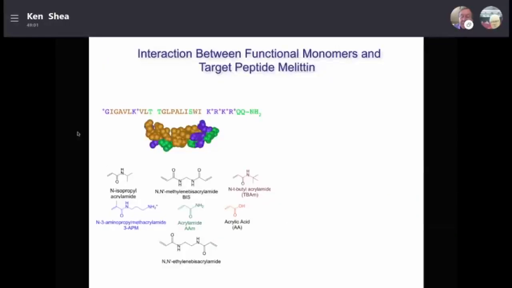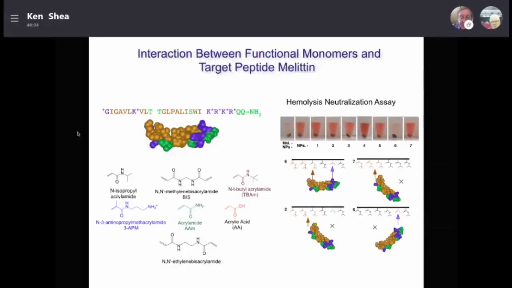We then perform other diagnostic tests to confirm that selected nanoparticles bind the peptide melittin. And here we use a red blood cell test. Melittin breaks apart red blood cells. In the first test tube, we have red blood cells that have been centrifuged. In the second, we've added melittin into red blood cells and then centrifuged.